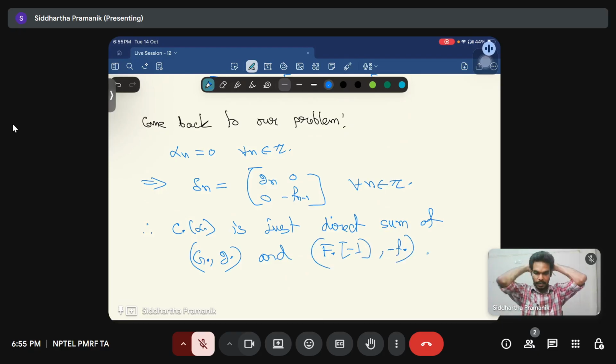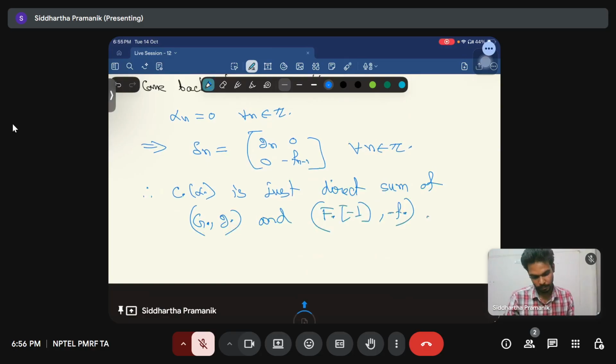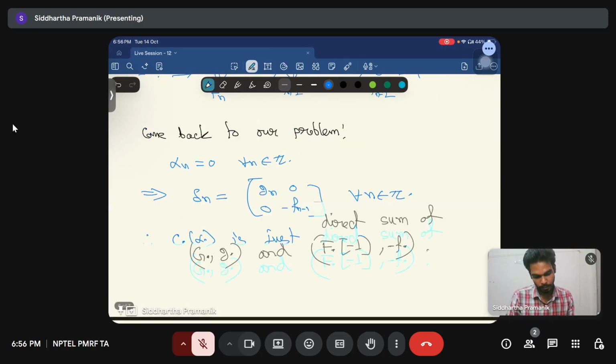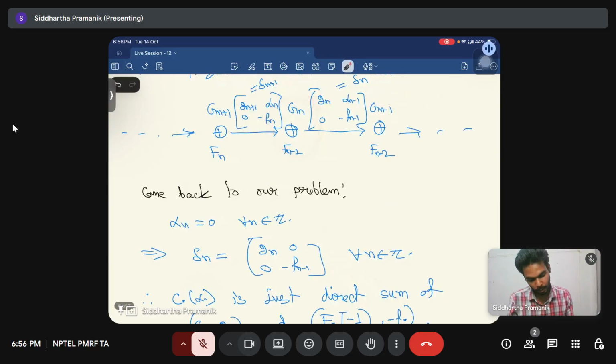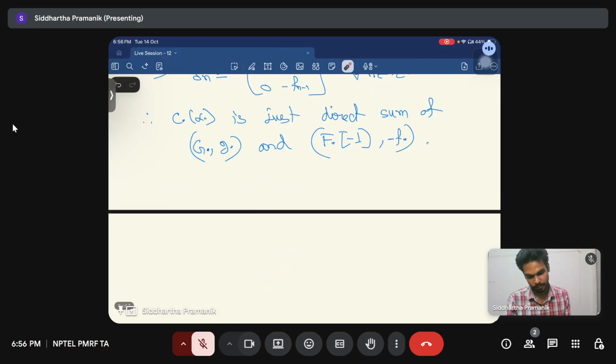So it is just direct sum. If we take the zero map, then its mapping cone is just the direct sum of these two, because the objects are gn direct sum fn minus 1, and maps are also just direct sum maps, component wise.